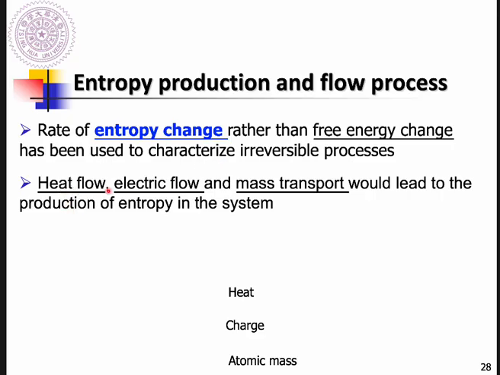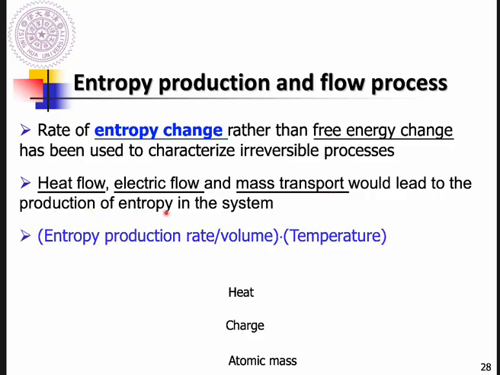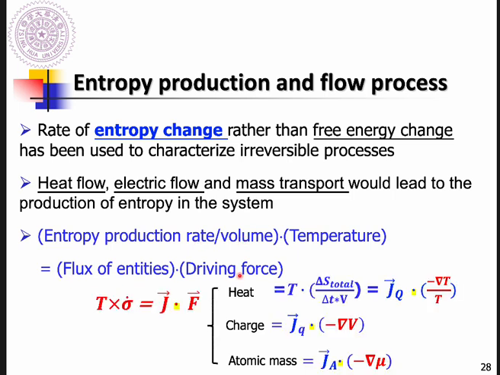Not only heat flow, but also electrical flow and mass flow can lead to the production of entropy in the system. Here is a summary of the equations: absolute temperature times the entropy production rate per volume equals the flux times the driving force.